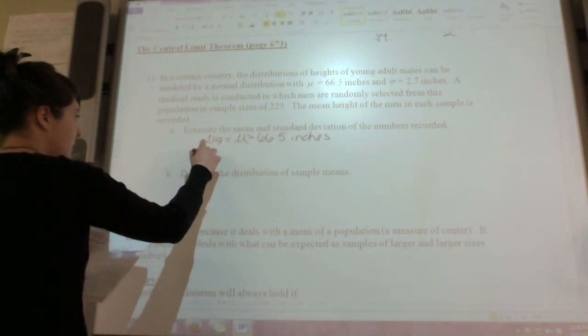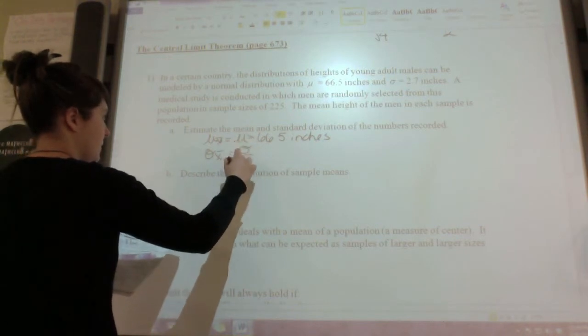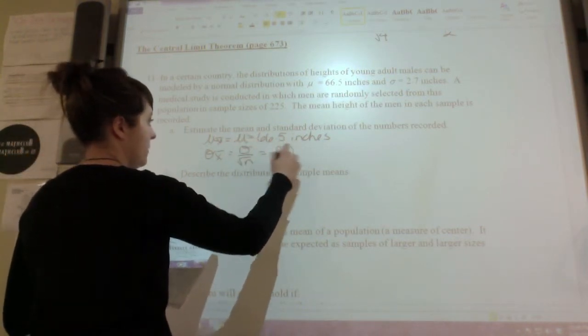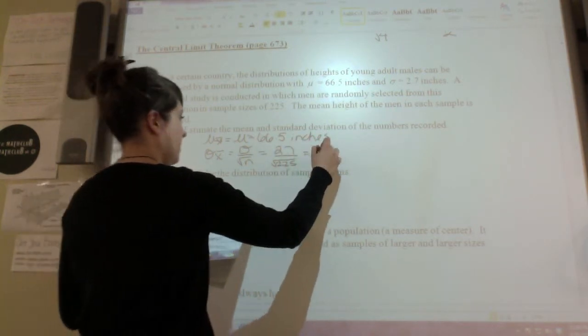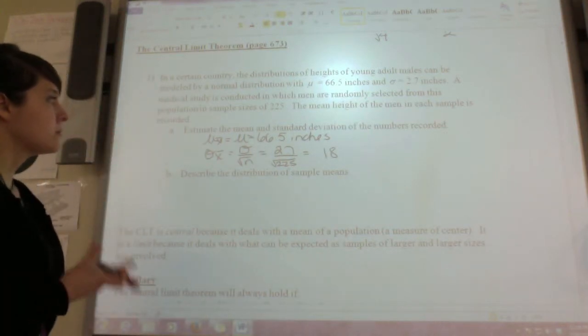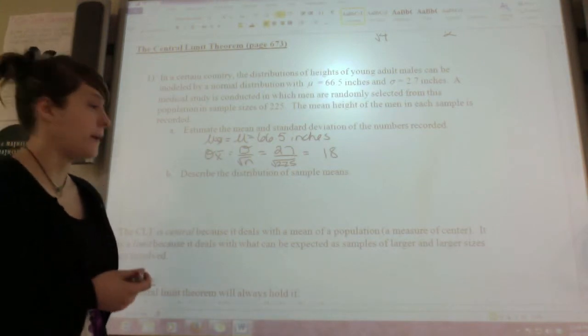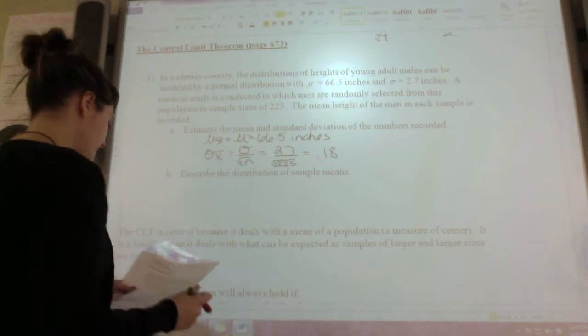Then for sigma x bar, that's going to be sigma over the square root of n. So that would be 2.7 over the square root of 225, which gives me approximately 0.18. So my mean is going to approach 66.5. My sigma is going to approach 0.18. Then it says, describe the distribution of sample means.